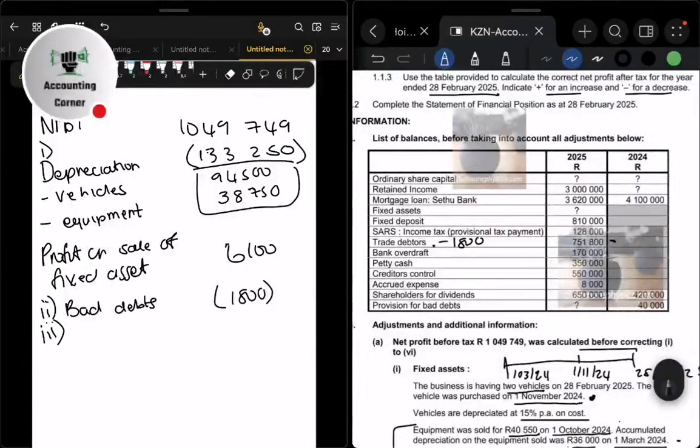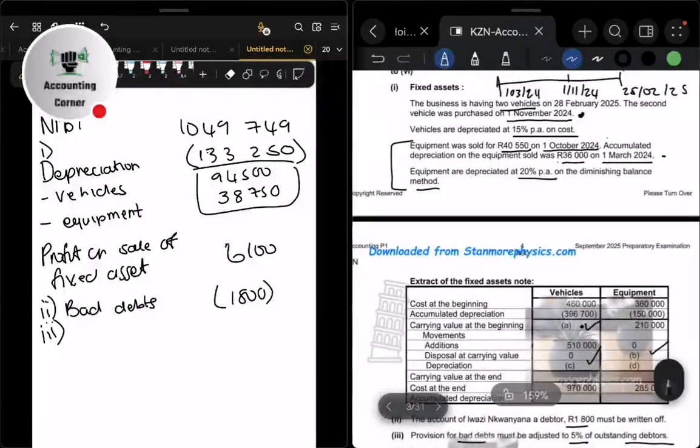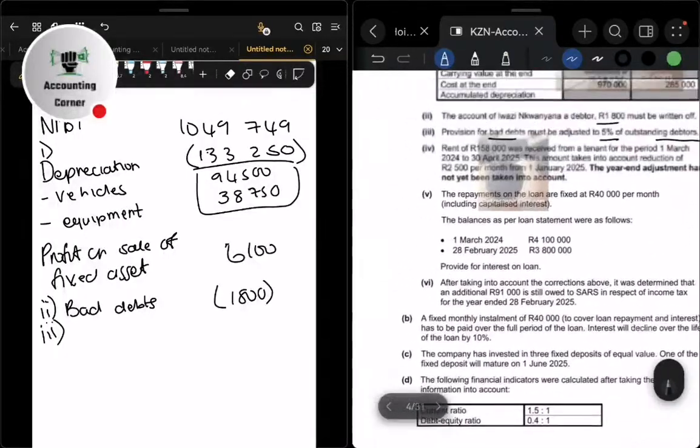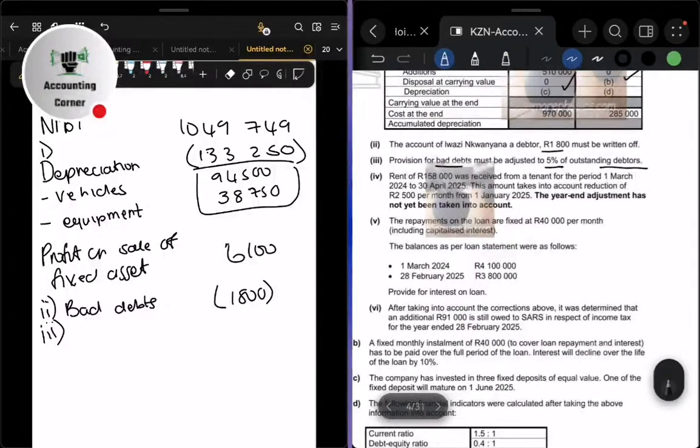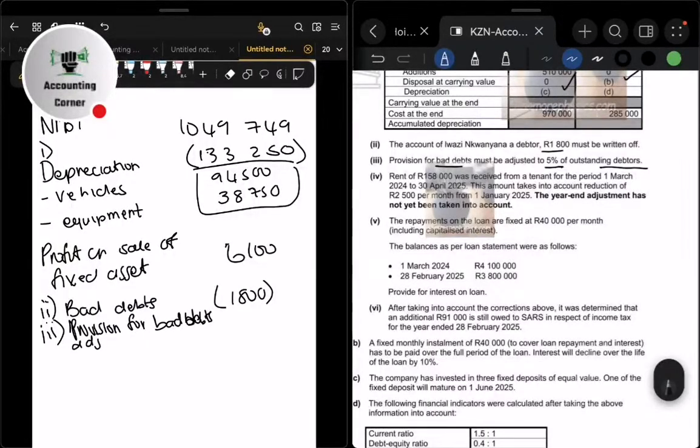And then we take that 750,000 and we use that to calculate our provision for bad debts. Now they said we must adjust to 5% of outstanding debtors. So in the profit statement we will have a provision for bad debts adjustment.